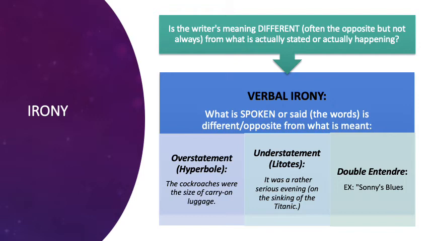So, Sonny's Blues is a short story by James Baldwin. So Sonny, and this has a double entendre. Blues, Sonny, actually, the story, just to be very brief, Sonny plays the blues, the music. He's a blues musician.